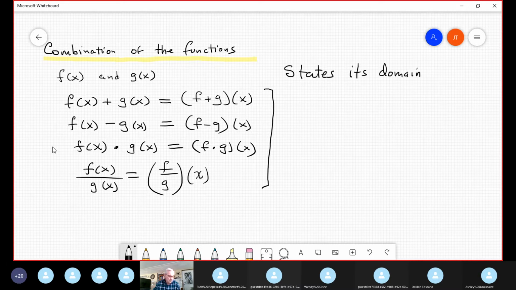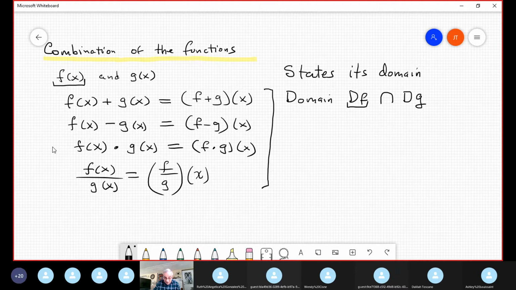In every case, the domain is the domain of f, capital D_f represents the domain of this function, intersection the domain of g. So basically, you need to satisfy both domains. If one domain fails, it's not inside the domain of the total combination.